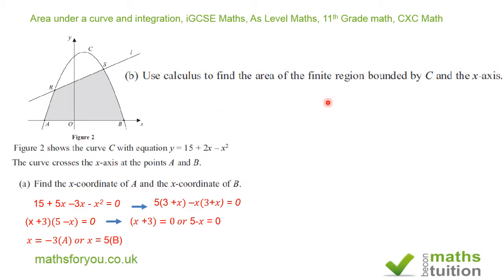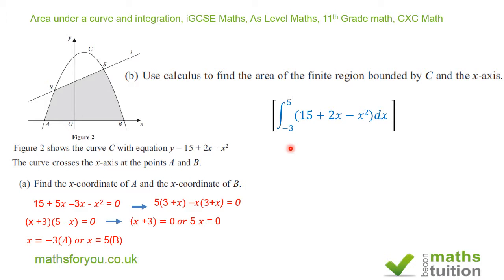Right. For this one, it says use calculus to find the area of the finite region bounded by C and the x-axis. And this suggests to be using integration there within limits. So I'm going to try and integrate this expression here with respect to x, and then I have this here.